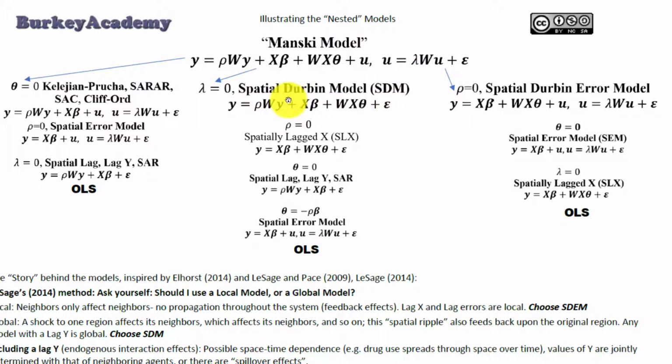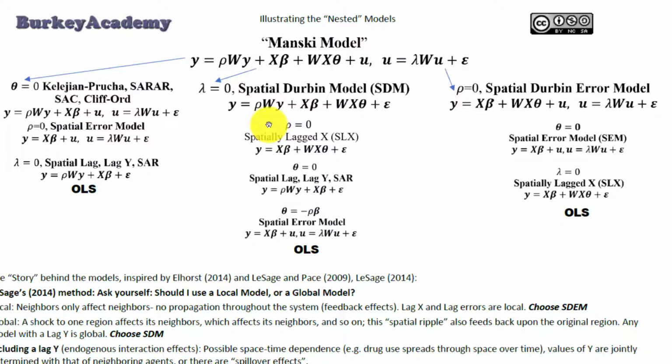The big difference here is the global model has the lagged y. And by global, what we mean is that if something happens in one region, a global model is going to have that impact from one region spill over to every region in your data set. So that's a global model.